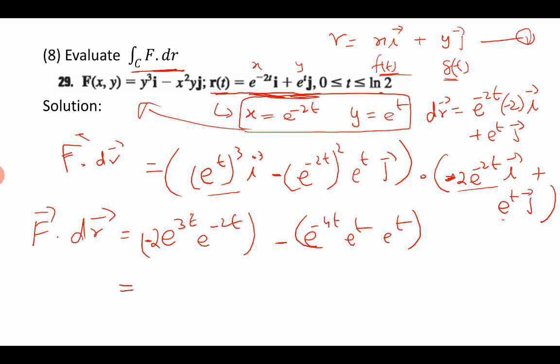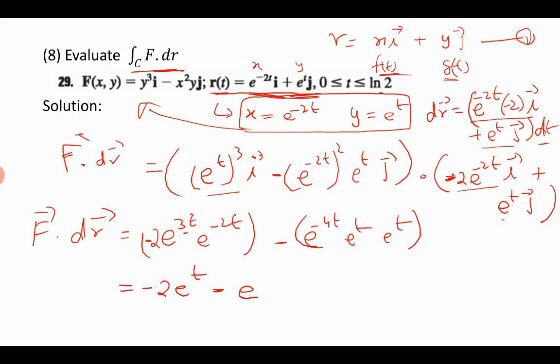Second term, when you simplify further, the power should be added. 3t minus 2t is t, minus 2 e power t, minus e power minus... And you remember, while finding dr there will be dt, because it is dx i and dy j times dt.